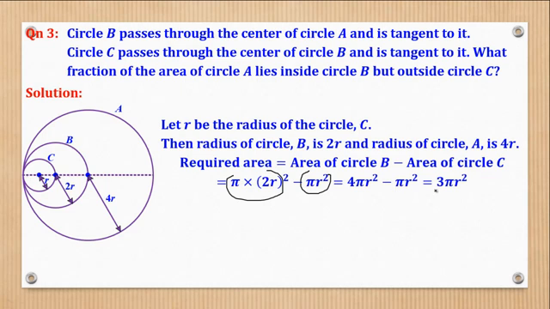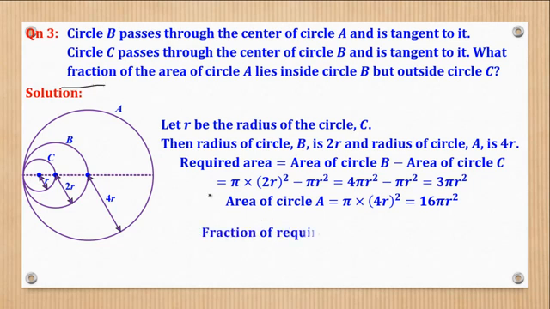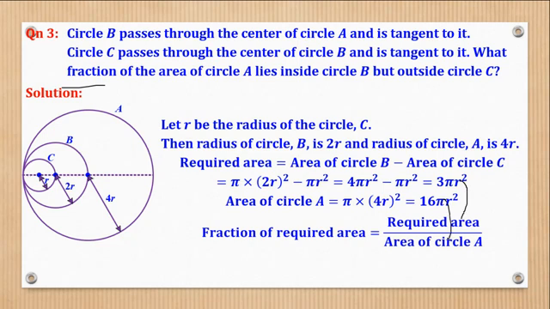You simplify to get 3 pi r squared. Then the total area of circle A is given by this, which is 16 pi r squared. Therefore, the fraction they want will be this required area over the total area of circle A, which is 3 over 16.